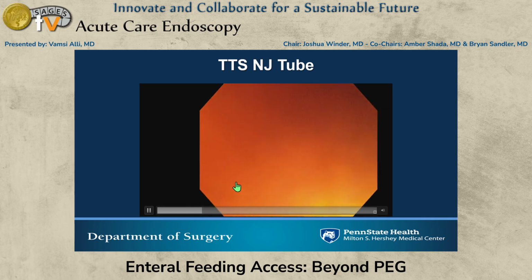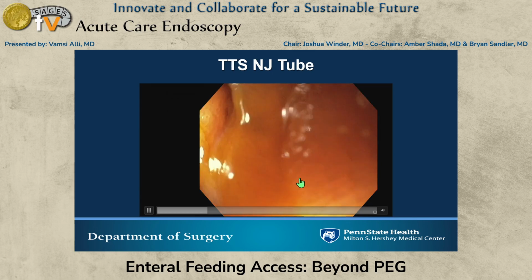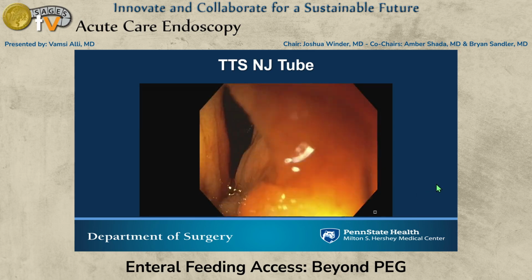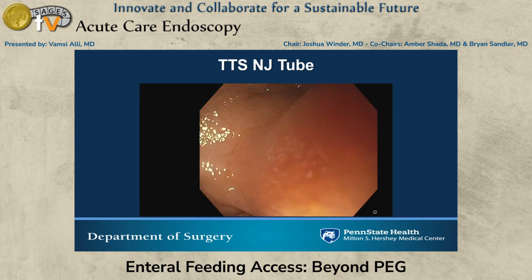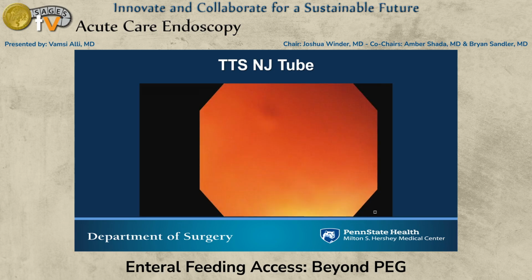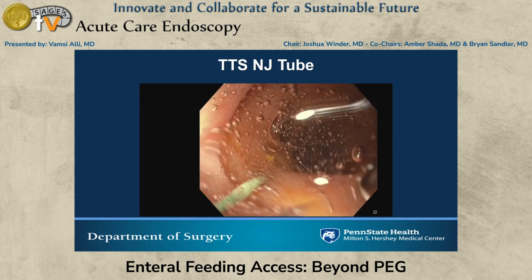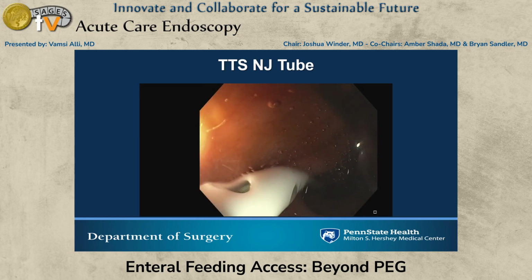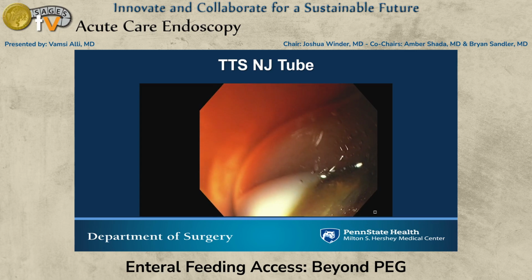You're going to see a guide wire emerge, followed by the portion of the feeding tube, and then you're going to see the scope back out. There are a couple of fluoroscopic still images at the tail end of this video. There's your guide wire being deployed, feeding tube. Scope is going to be backed out.